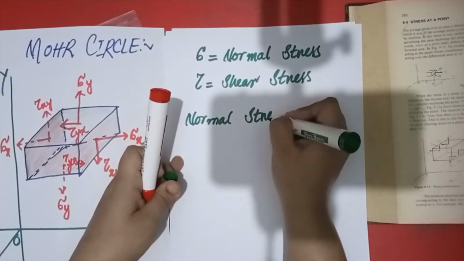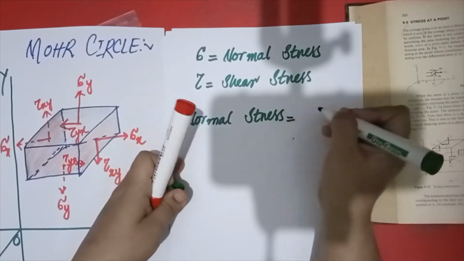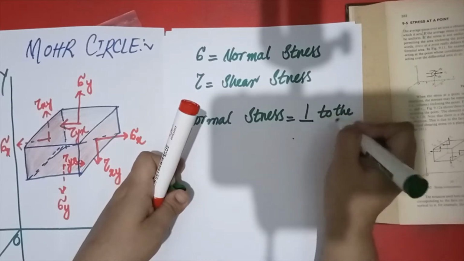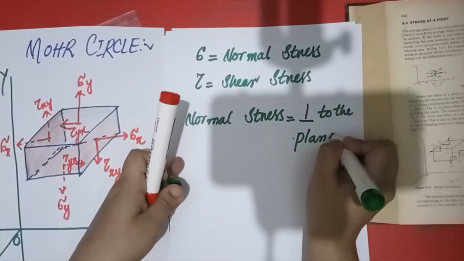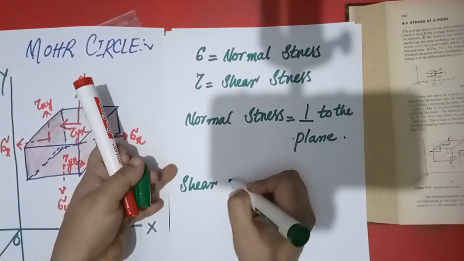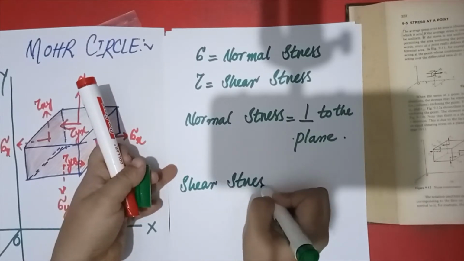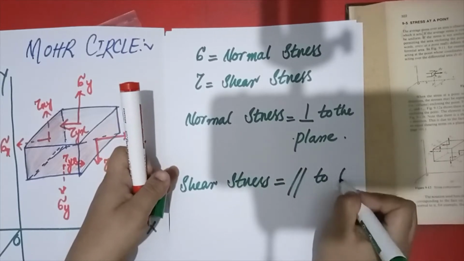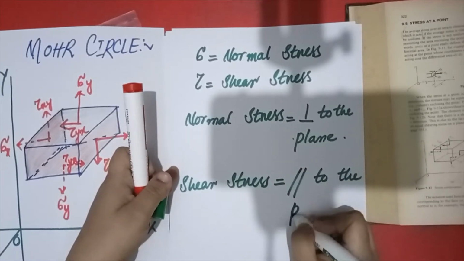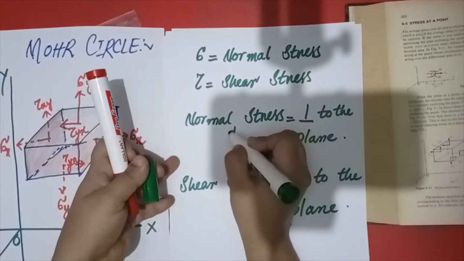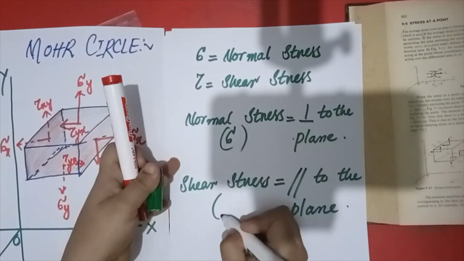Normal stress is perpendicular to the plane, and shear stress is parallel to the plane. So you have to keep in mind always, it is represented with sigma and it is represented with tau.